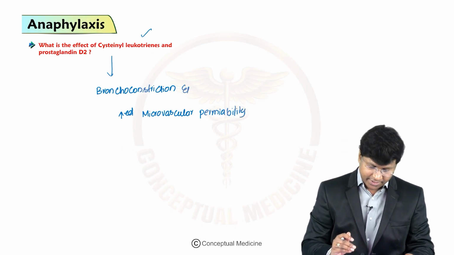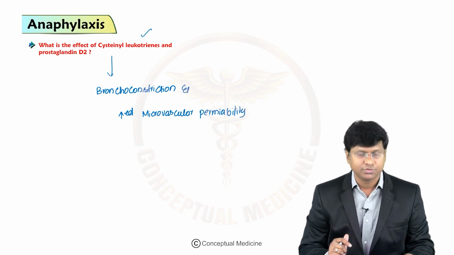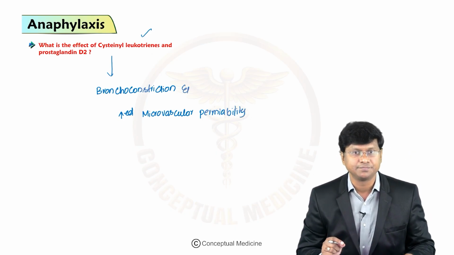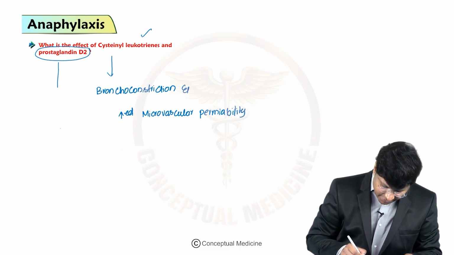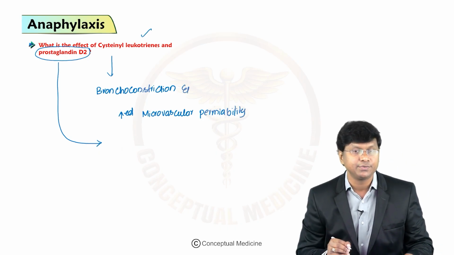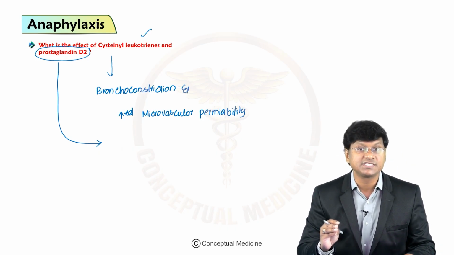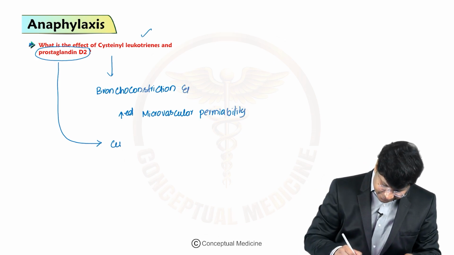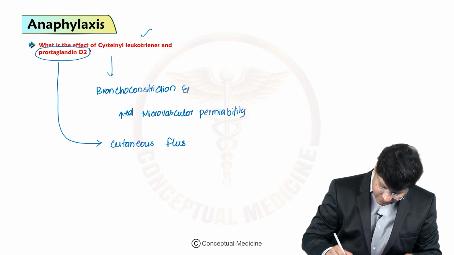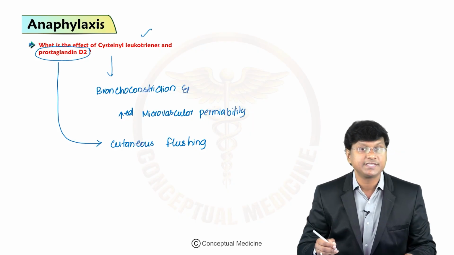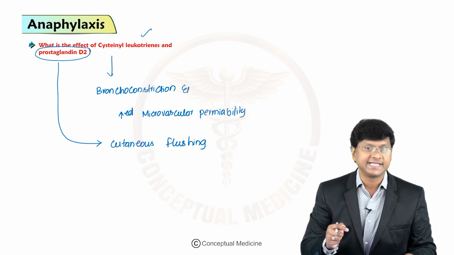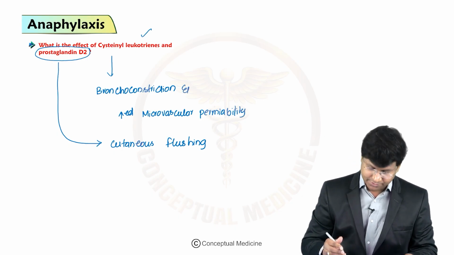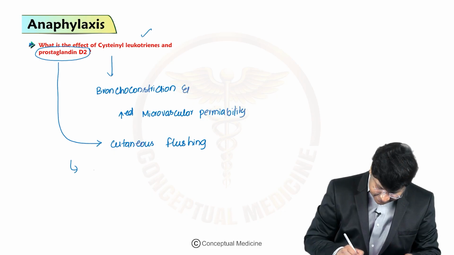Okay, so that is the effect of the cysteinyl leukotrienes as well as the prostaglandin D2. And particularly if you take the prostaglandin D2, this will cause the cutaneous flushing, and it attracts the eosinophils and basophils to the site of the mast cell activation.